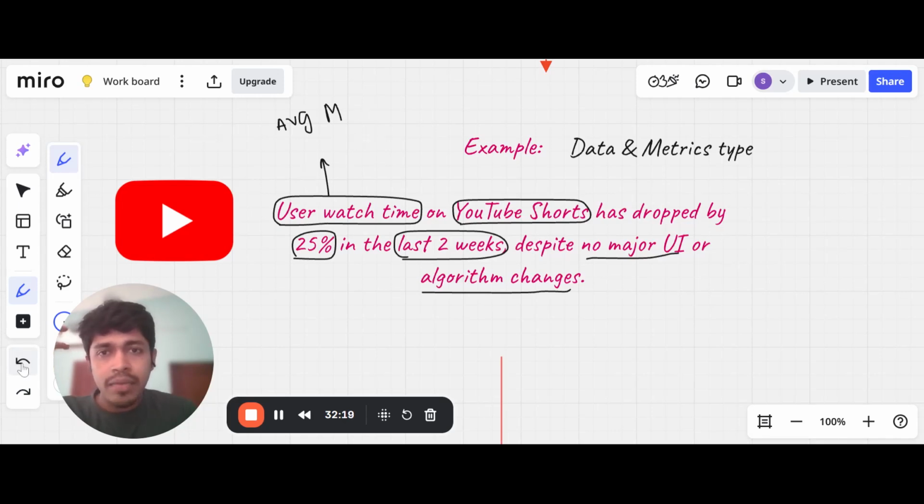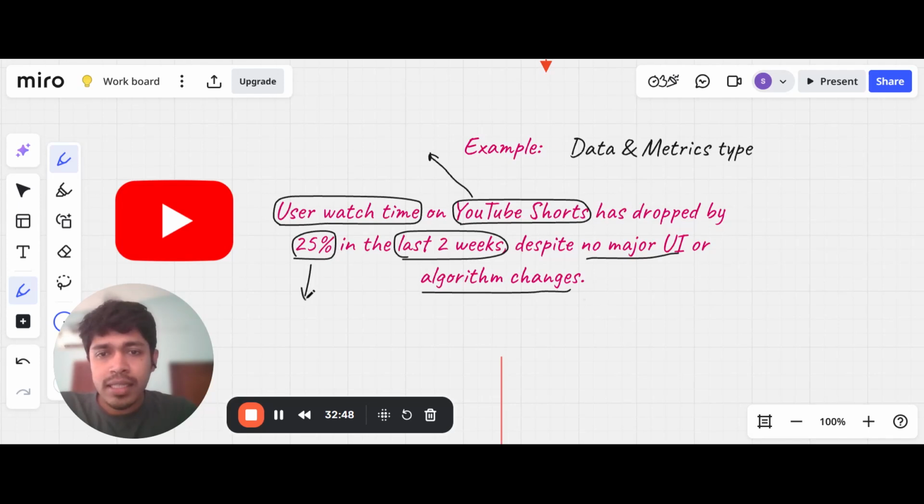That is the first thing we need to clarify. The second one is we need to notice that this is about YouTube Shorts. It's not about YouTube, right? It's not about regular videos. It's about shorts, short format videos. So that will help us focus on one part of YouTube. It's not about all the videos. It's only about the shorts.